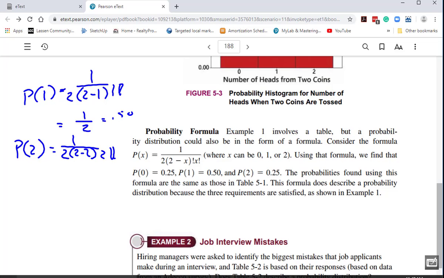Wait a minute. What happened there? Oh, okay, so that's 0. That's not going to work. It's in the denominator. How did that happen? Probably, he says a quarter.